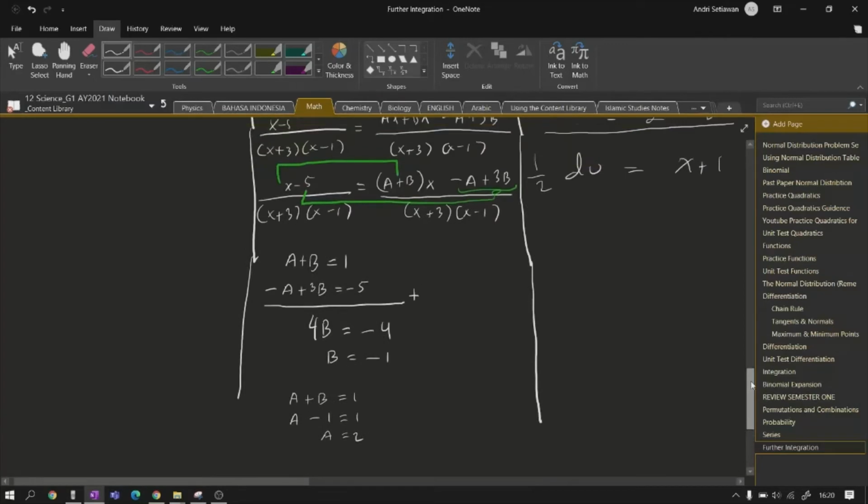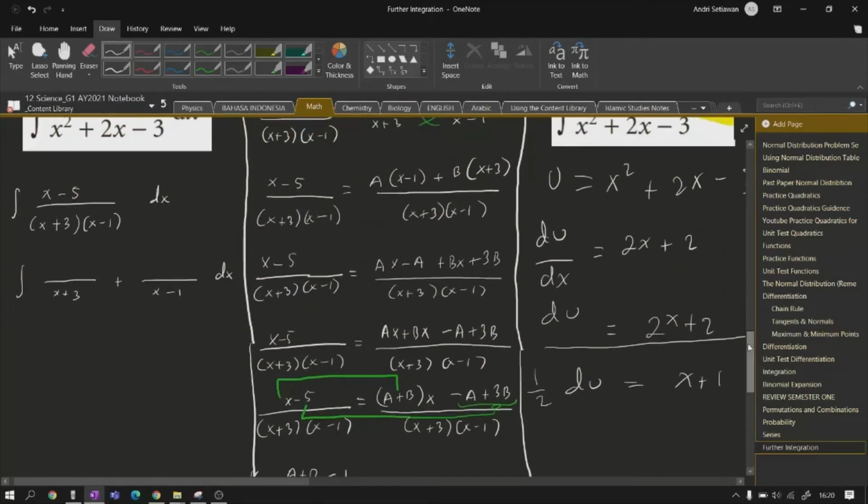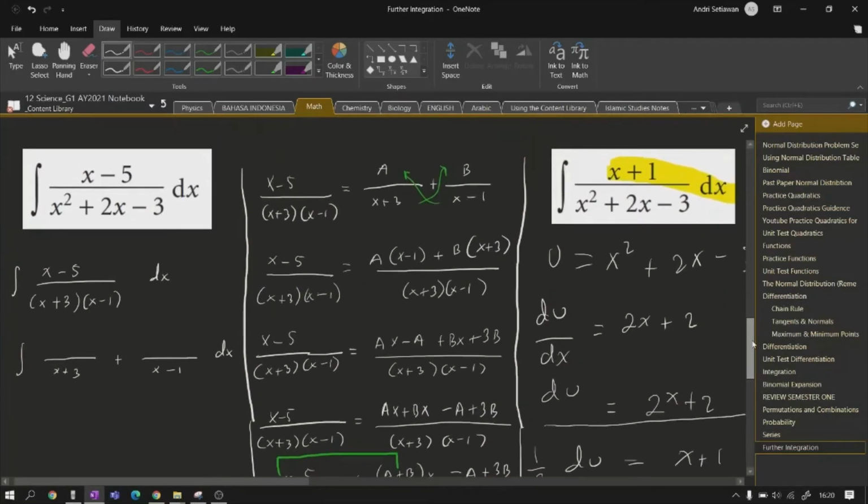So in the first step, we know that x minus 5 over x plus 3 times x minus 1 equals a divided by x plus 3 plus b divided by x minus 1.